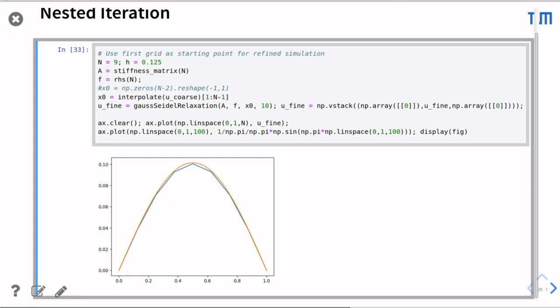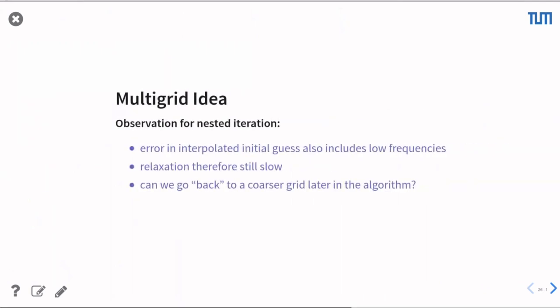But if you choose fewer iterations here, you already start to see one of the problems, namely that the error here isn't a high frequency error. The difference between these two here is a low frequency error. There's errors which are spanning the entire domain. And there's ways to fix that. So let's look at those.